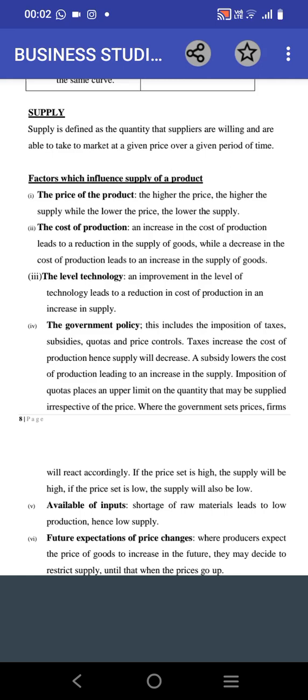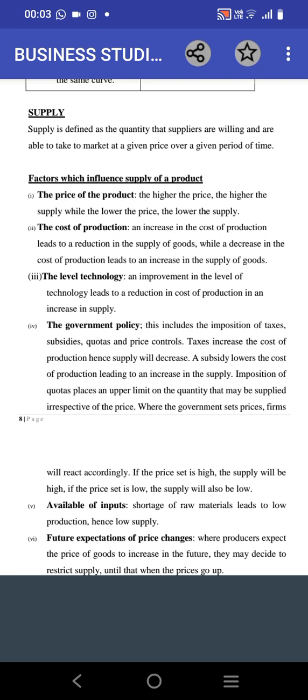If the raw material is at a low price, like cotton, let's assume you're making clothes out of cotton, the cost of the cotton determines how you will supply. If the cost of production is high, this will lead to less supply.